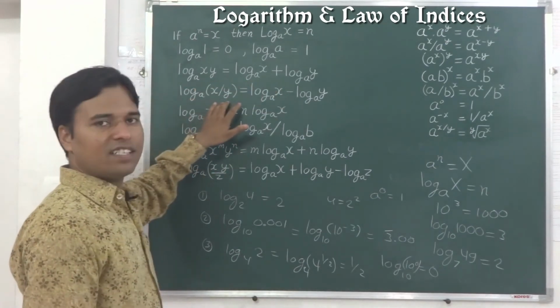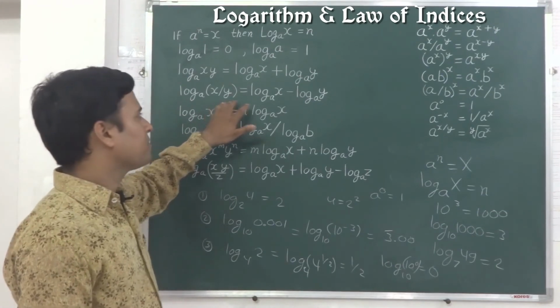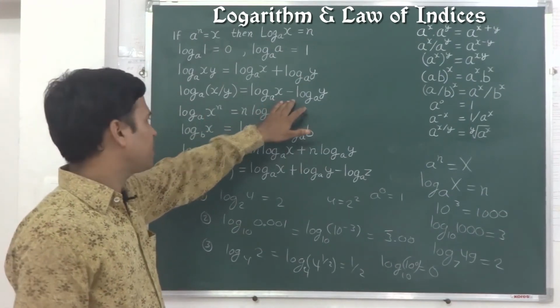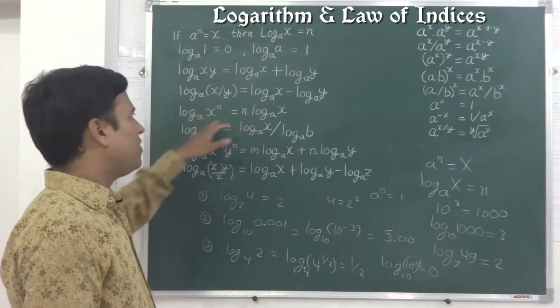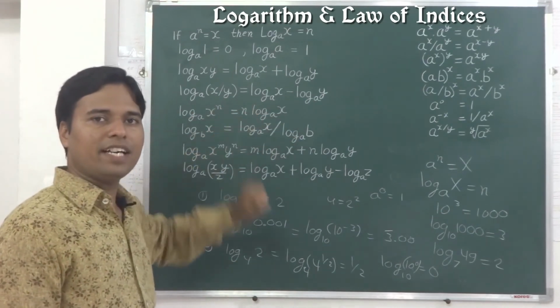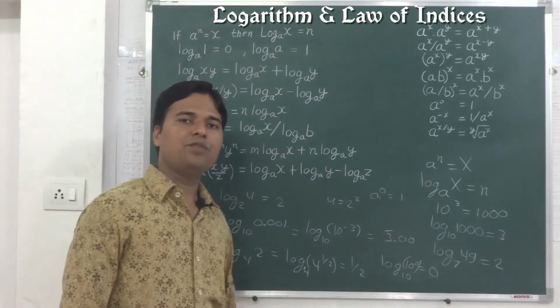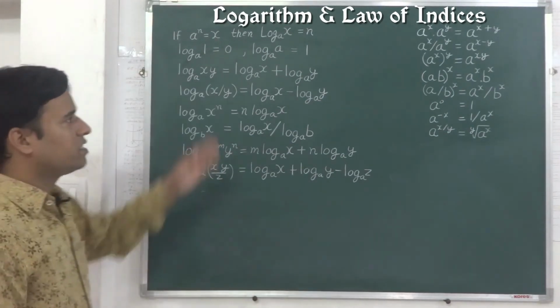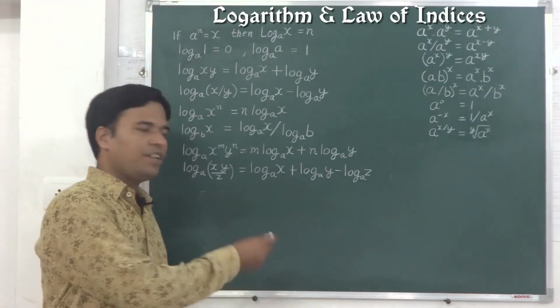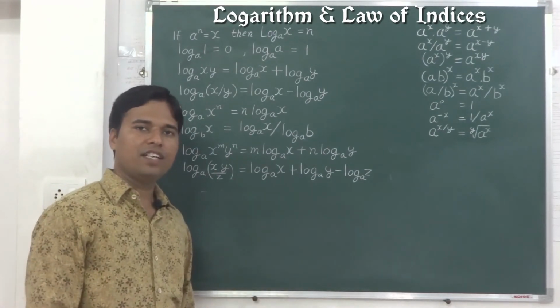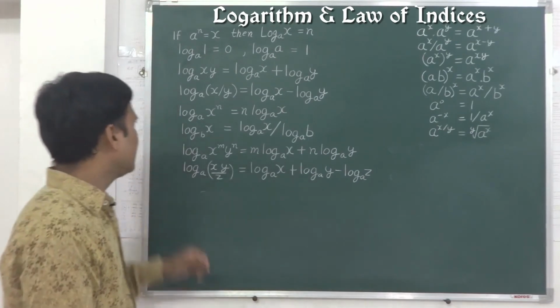It will convert the division operation into subtraction, and also it will convert the power terms into multiplication. So that would be more easy. These are the formulas. You can note them down and we will use them in our problems.